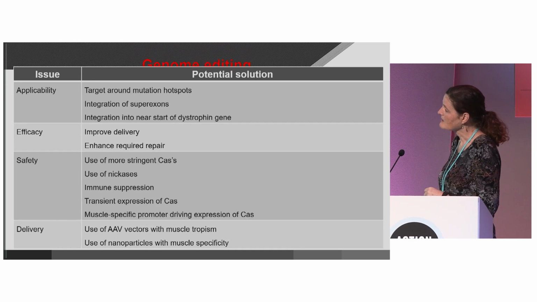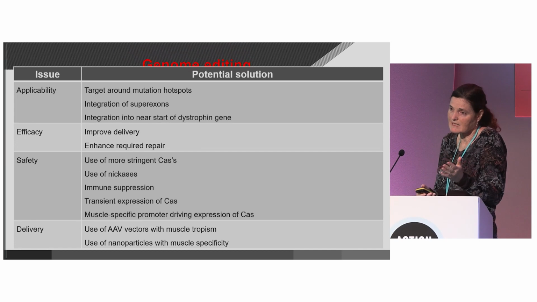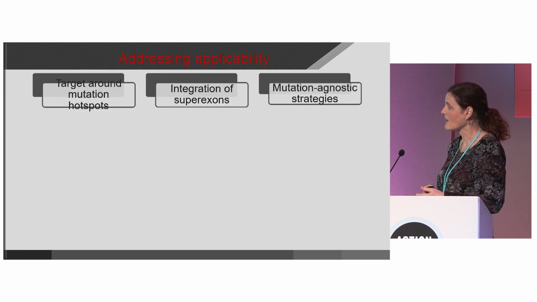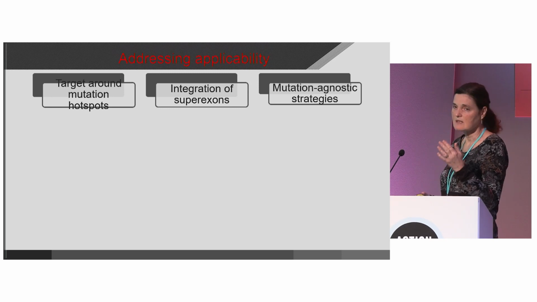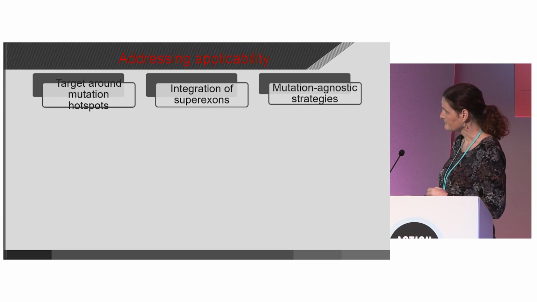And as Annemieke said, there is an immune reaction to the Cas itself because it's from bacteria. Patients will potentially have seen a bacterial infection that carries the Cas that we plan to use, so we can immune suppress.